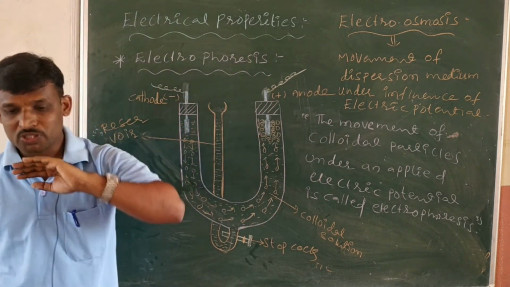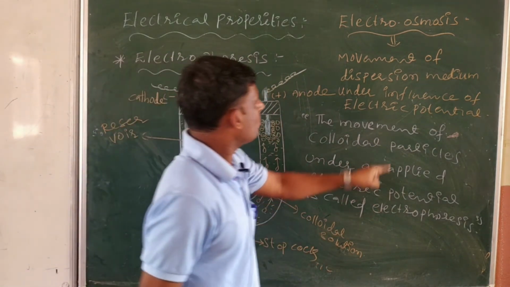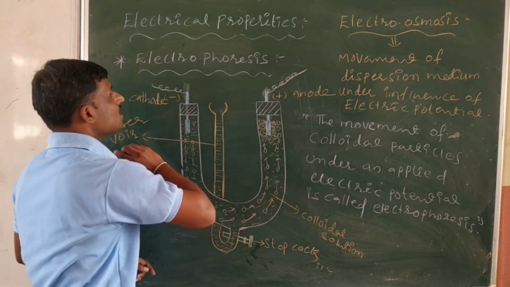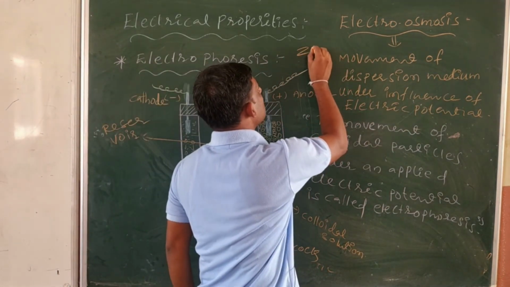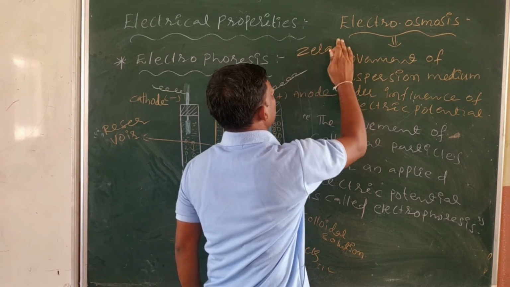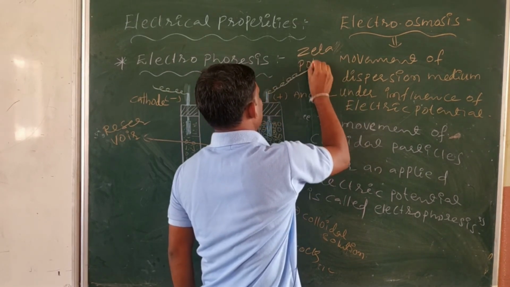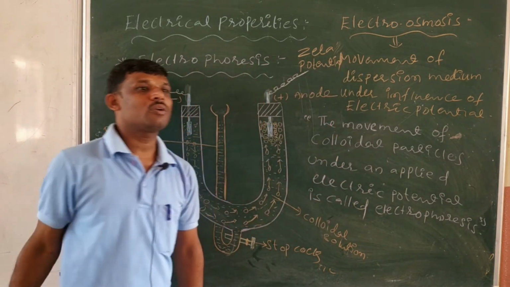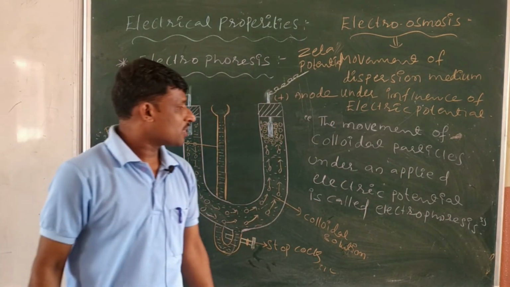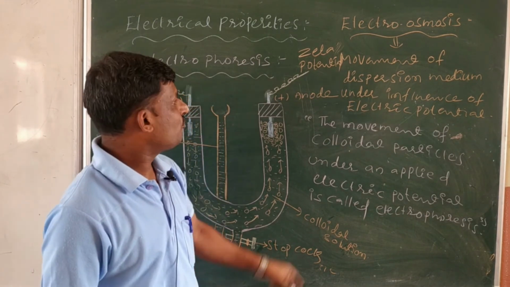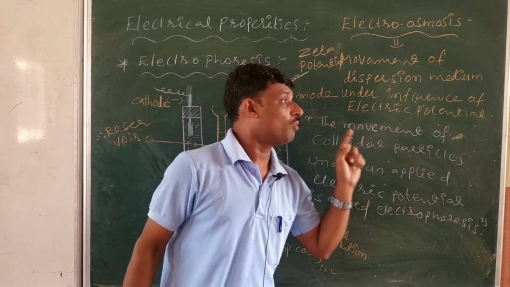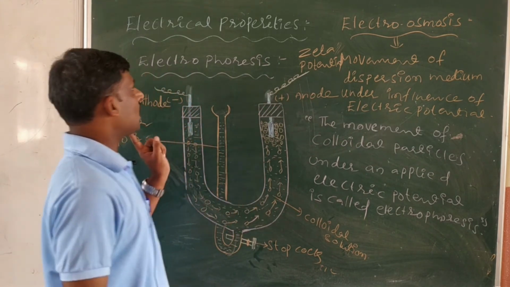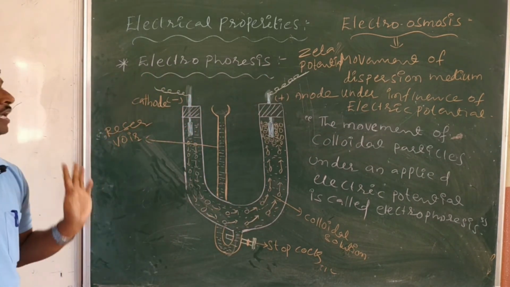In electroosmosis, when the electric potential exceeds the zeta potential, the diffused layer can move. This is very important: electrophoresis as well as electroosmosis.